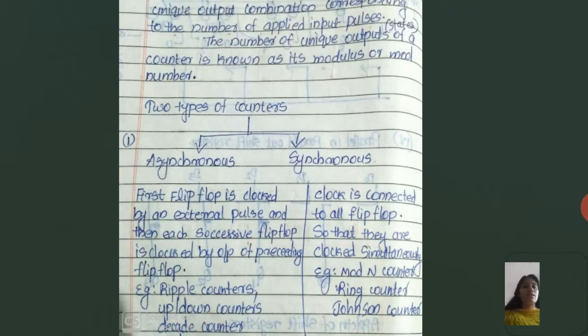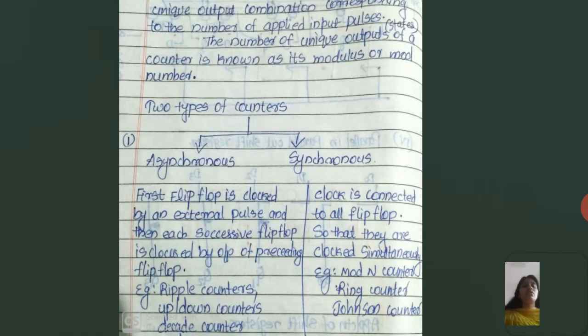And considering the asynchronous counter, you provide the input clock pulse only for the first flip-flop, and each successive flip-flop is clocked by the output of the preceding flip-flop. This is all about synchronous and asynchronous counters.